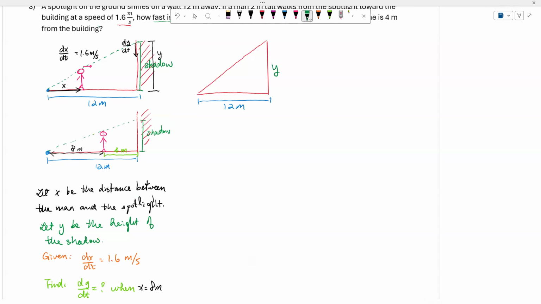The man is 2 meters tall, and one more piece of information is that the distance from here to here is x. Let's see how we work out this type of problem. It seems that we could make this triangle into two similar triangles.